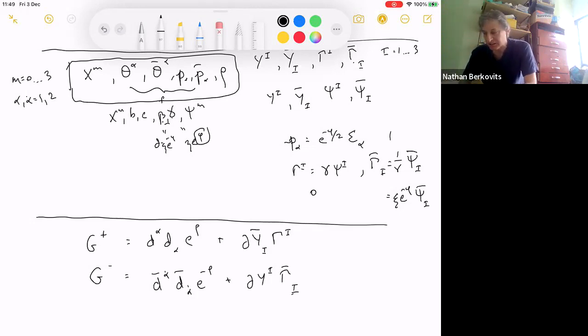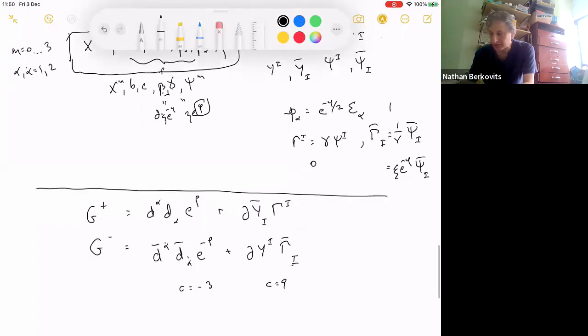After doing this field redefinition, you find that G plus does decouple, and G minus also decouples. So the 4-dimensional part of the superconformal field theory is just c hat equals minus 3, or c equals minus 3, and from the Calabi-Yau you get c equals 9. So it's 2 decoupled N equals 2 superconformal field theories.